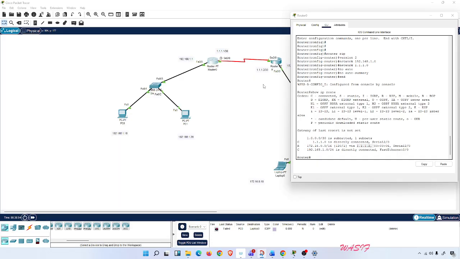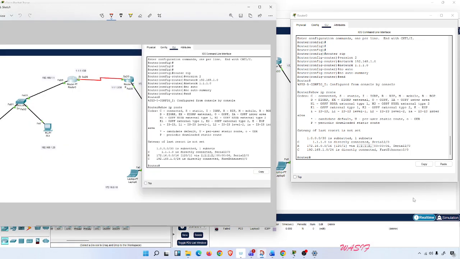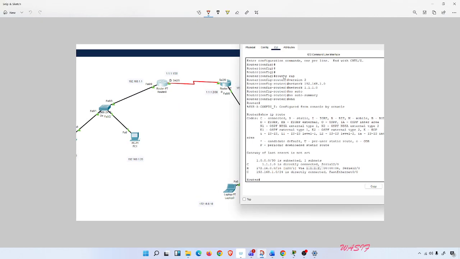Now let's come here. If you look very carefully, I know about this 172 network, any IP address in this network, and he's connected via 1.1.1.2. Now the question is, for this router, is there any 1.1.1.2? No. He has 1.1.1.1, he has 192.168.